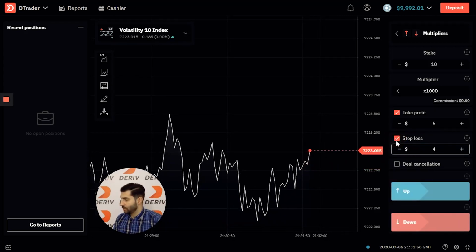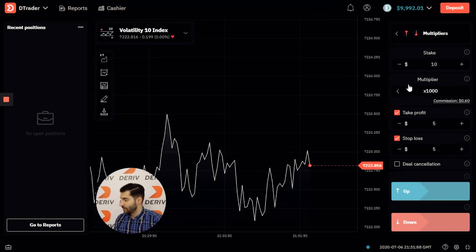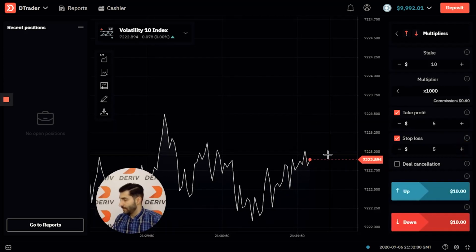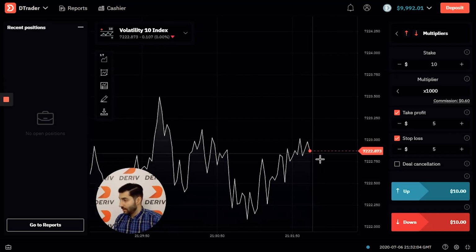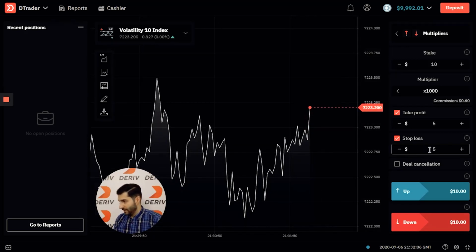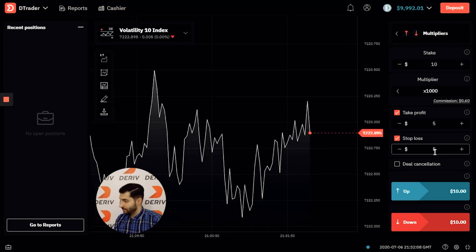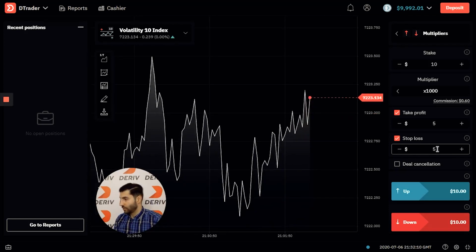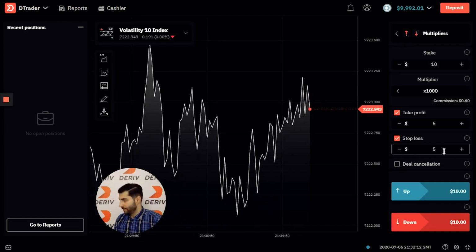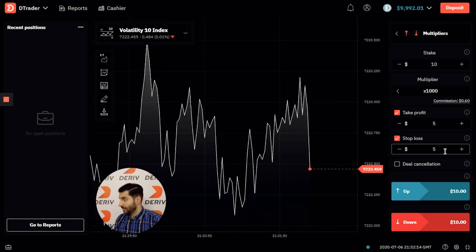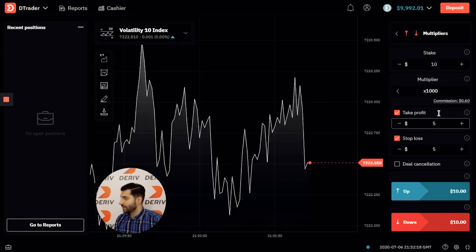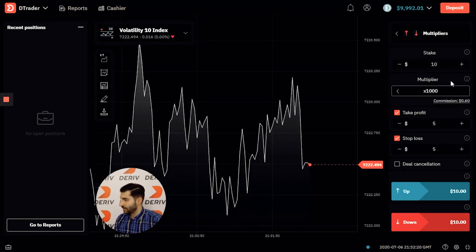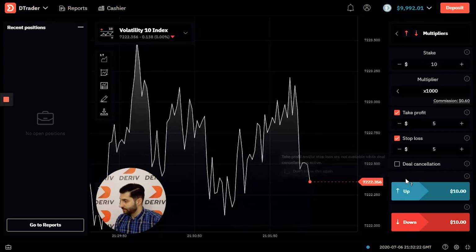The option below here, stop loss, is basically the exact inverse of take profit. So I'm basically telling the system that if the market moves against me continuously and it eventually hits -5, the contract will close and I'll limit my losses to $5. It's a good way of telling the system that I'm not prepared to lose my entire stake.